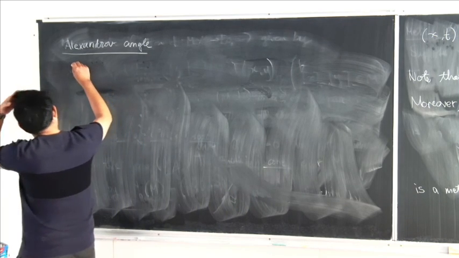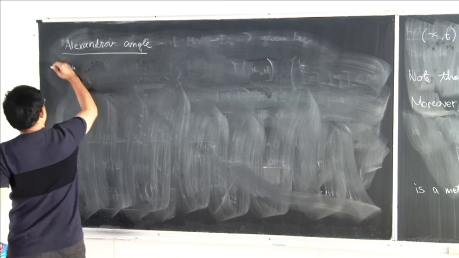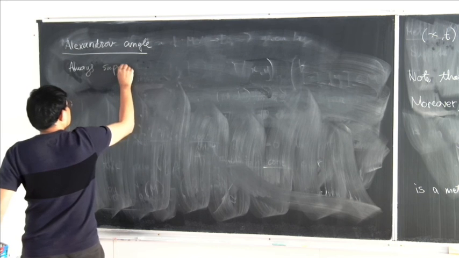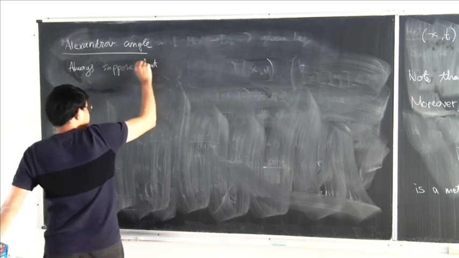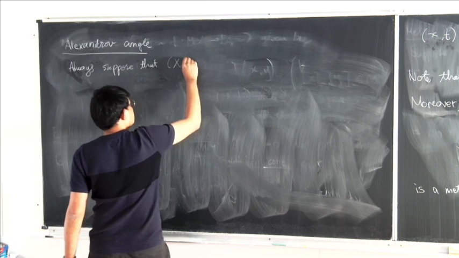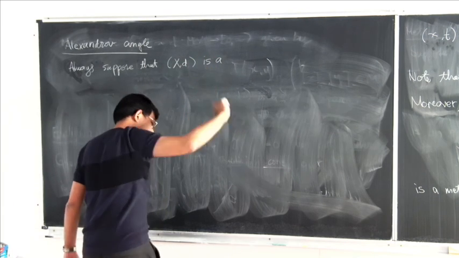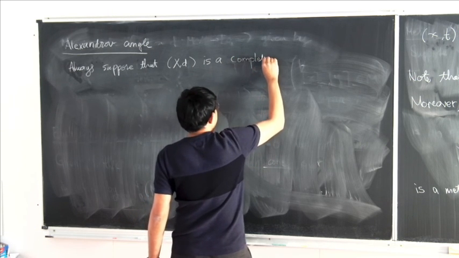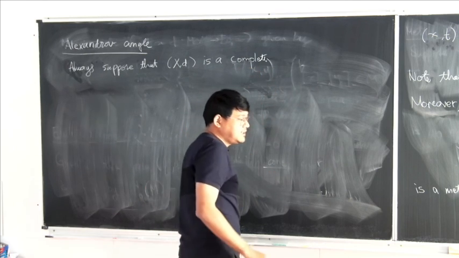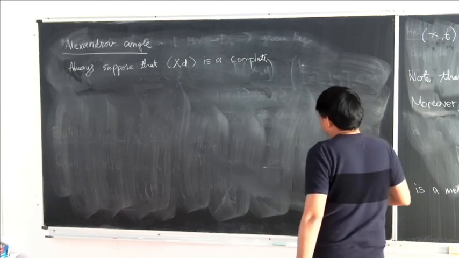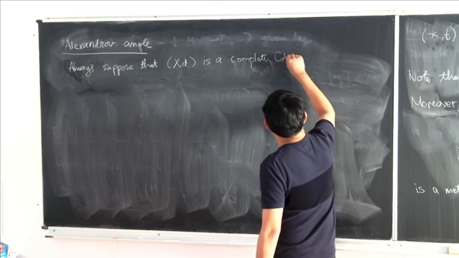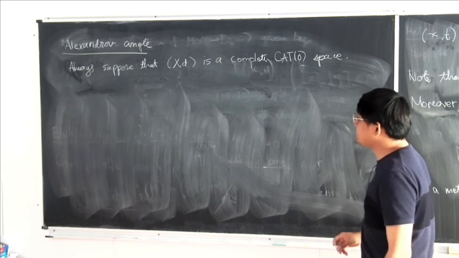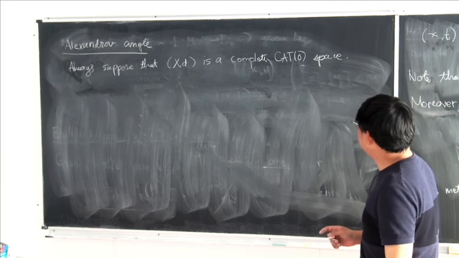Okay, so here I always suppose that (X, d) is a complete CAT(0) space. Actually, in some of the notions we don't need the completeness, but for simplicity, we will just assume completeness here. Okay.